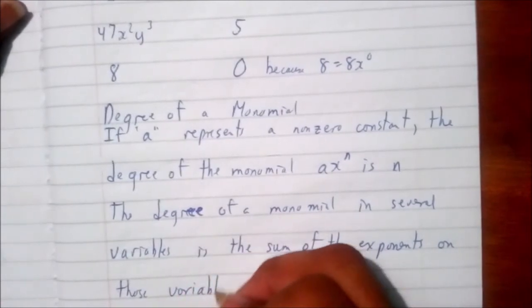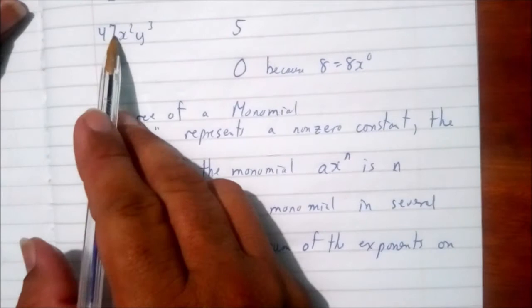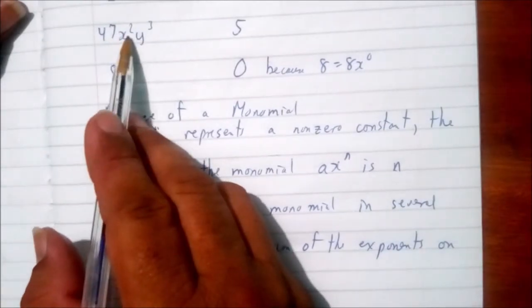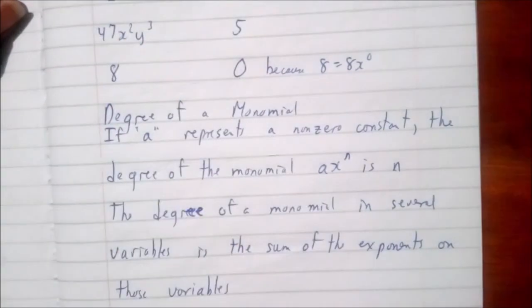What does that mean? Well, it means like this: the degree of this one here will be, add their powers, you get power of 5. So that's what it means.